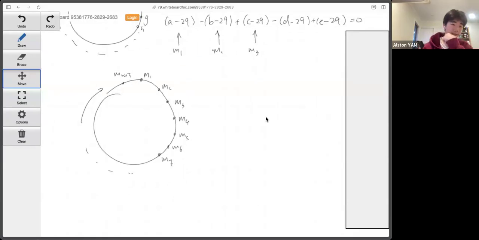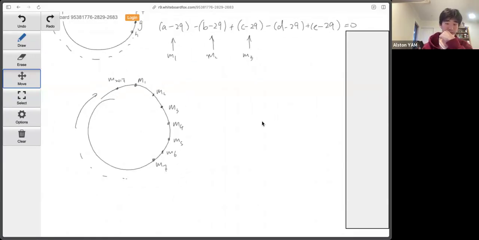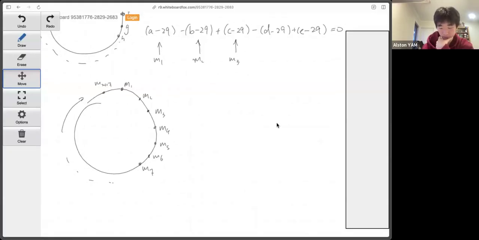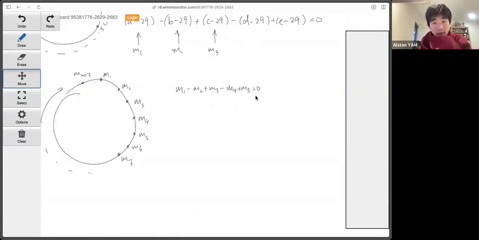All right, okay, so now we have the circle. I want to prove that all of the M's are 0. What we can do is, we know that M1 minus M2 plus M3 minus M4 plus M5 must equal 0, because that's just the condition.